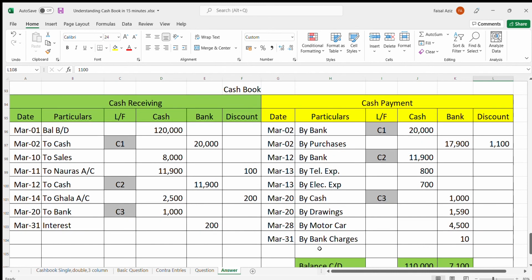So viewers, this is the end of my discussion. I have summarized a few contra entries, and I have shown you how we can record contra entries, and I have also mentioned under what circumstances we need to record a contra entry and under what situation we do not need any contra entry.